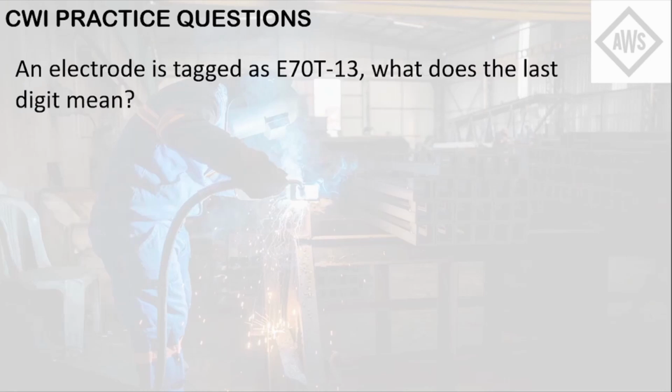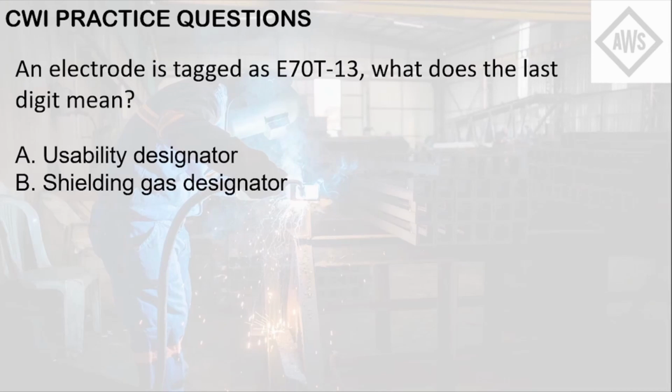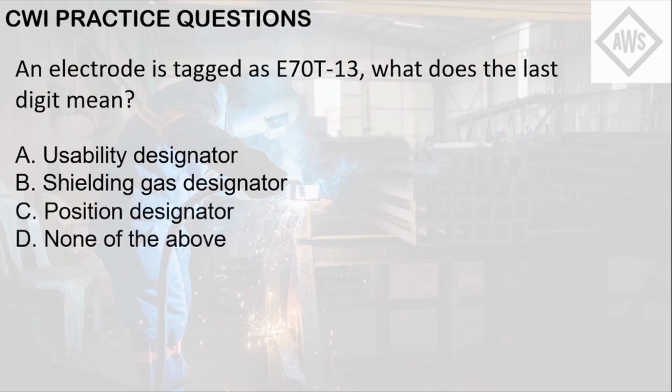An electrode is tagged as E70T-13. What does the last digit mean? Letter A, usability designator. Letter B, shielding gas designator. Letter C, position designator. Letter D, none of the above. The usability designator is the second to the last digit here, so that's number 1. The position designator is the number 0 after the first digit, number 7.